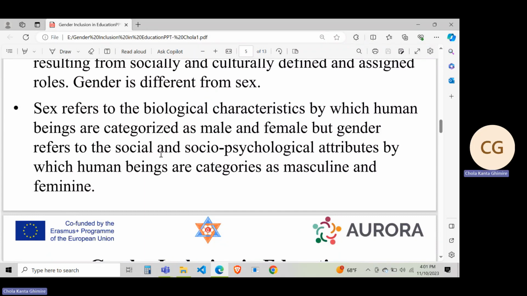Every society defines the role of individuals as male and female. There is a different role for males or boys and a different role for females or girls.